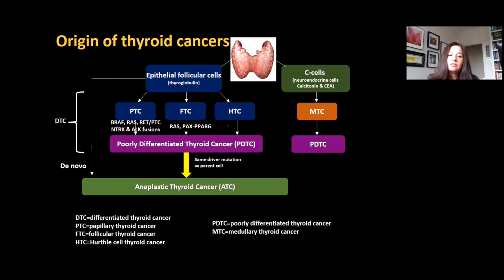So it has some features of the parent cancer, let's say papillary in this particular case, but it doesn't have all those features that we define as papillary thyroid cancer. Then as time goes by, even more mutations can occur, and you have a tumor called an undifferentiated or anaplastic thyroid cancer, that looks nothing like the parent cell at all.